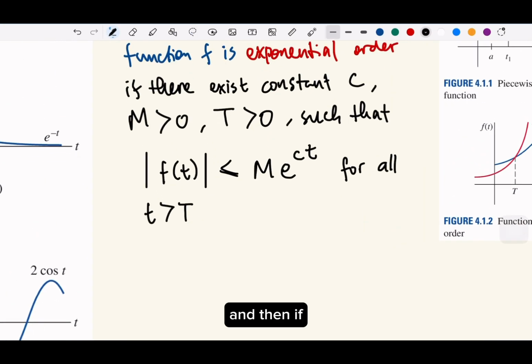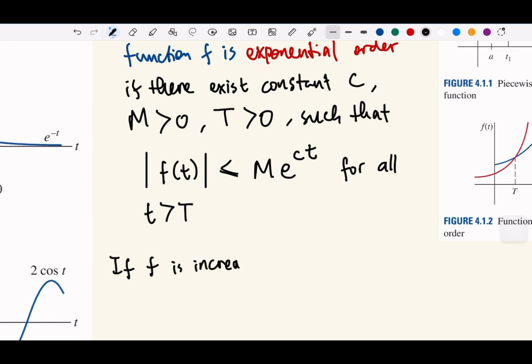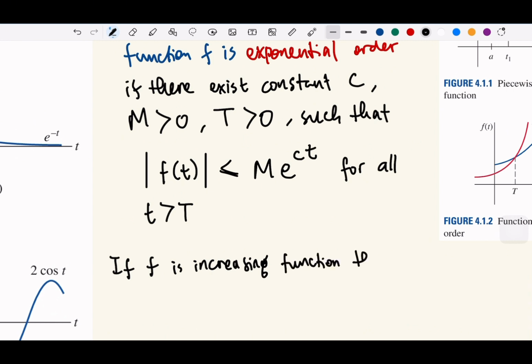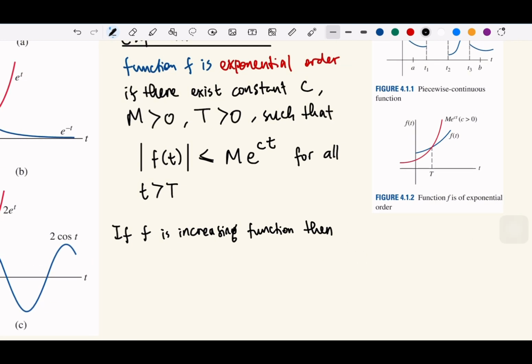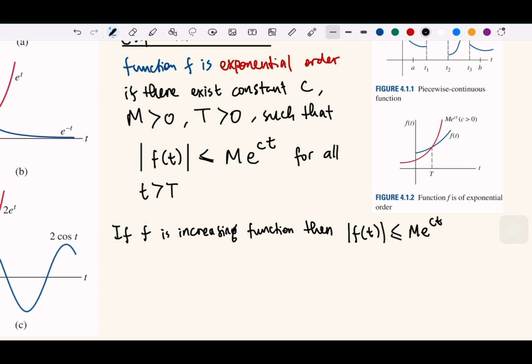And then if the function is an increasing function, then f of t is less than or equal to m e to the power of ct.